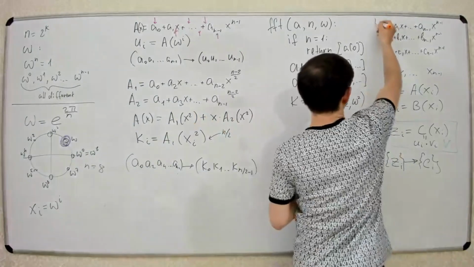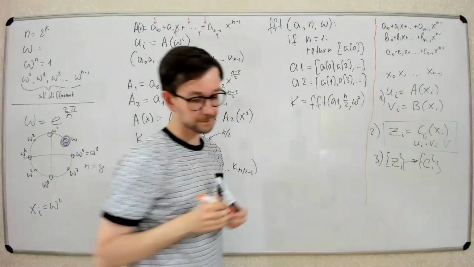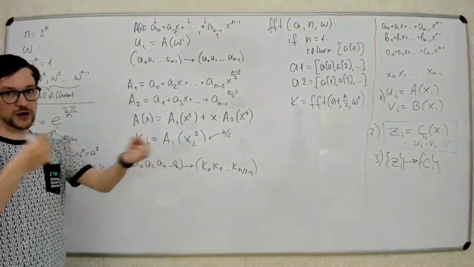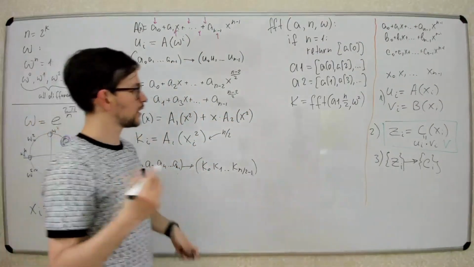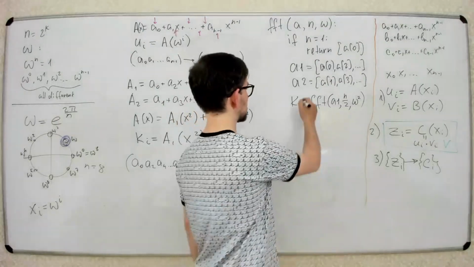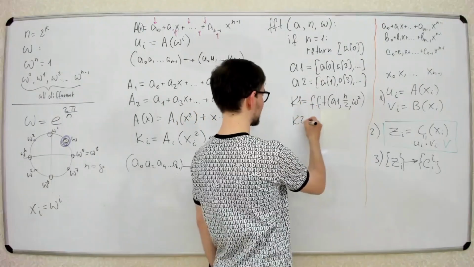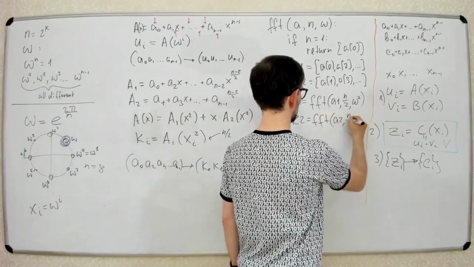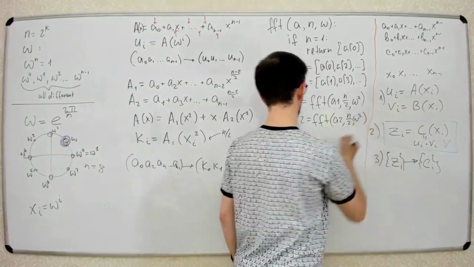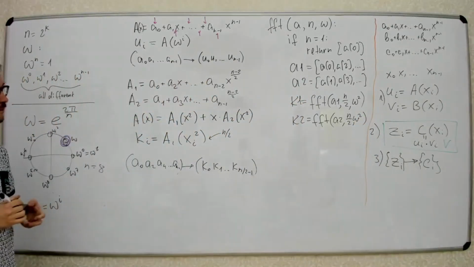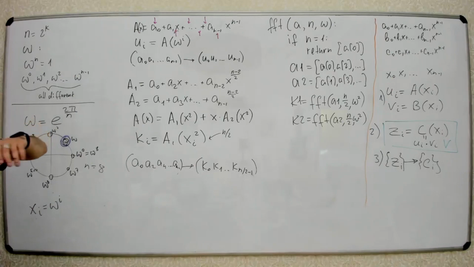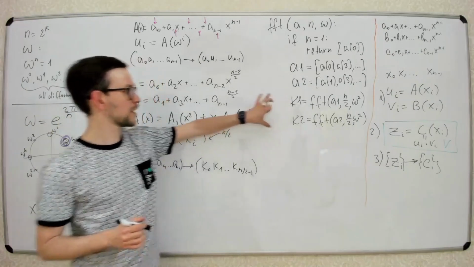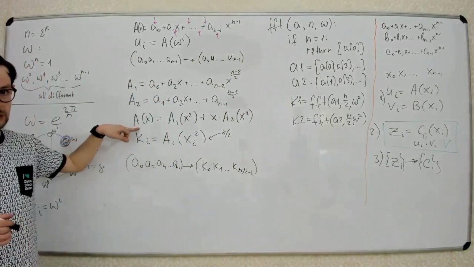So k1 is the array of values of polynomial a1, and k2 is the array of n over 2 values of polynomial a2. And now, just using these two arrays of values, I will find the values of my polynomial.